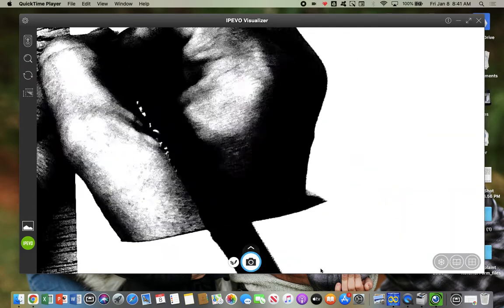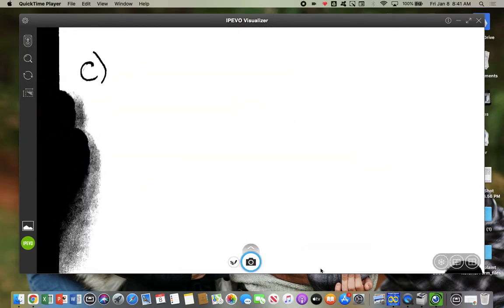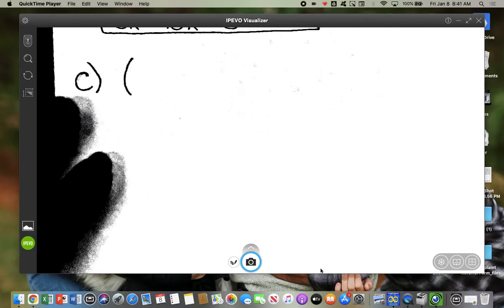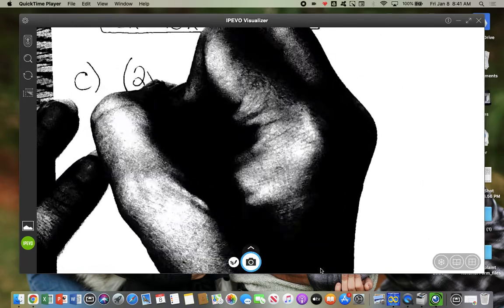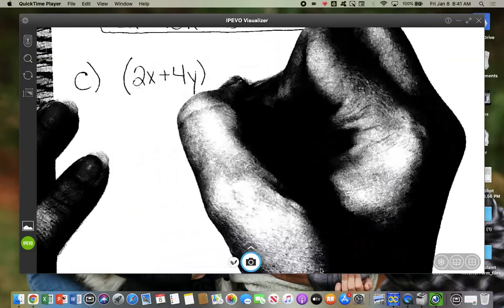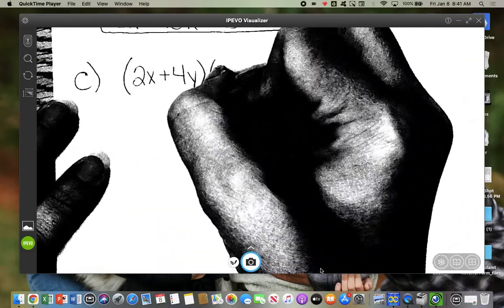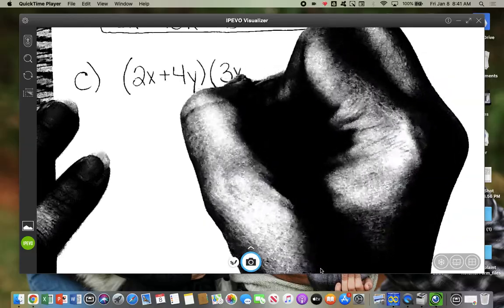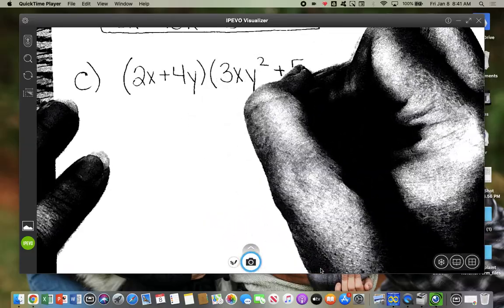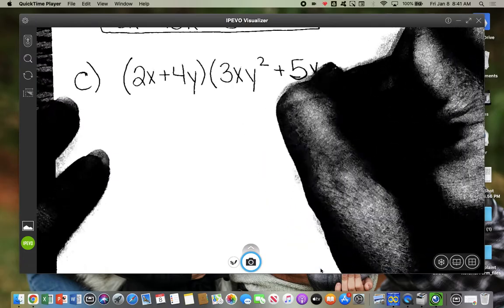Now, we're still distributing. Nothing there is changing. We're still going to have a binomial plus a times a trinomial.